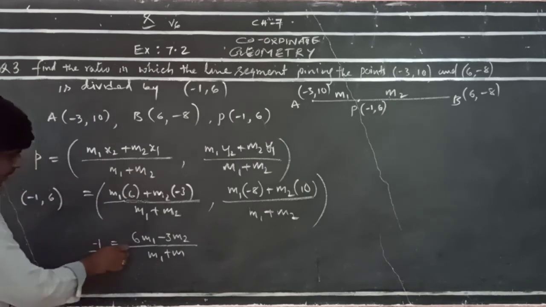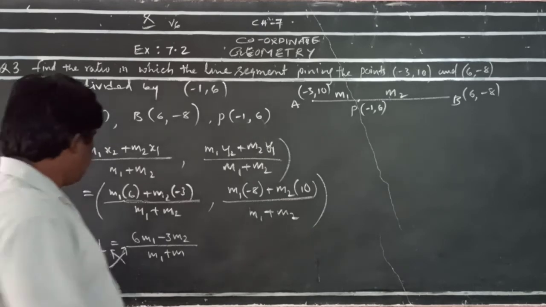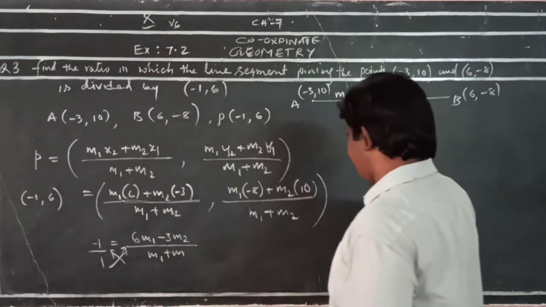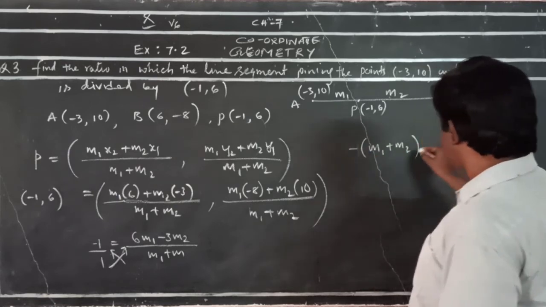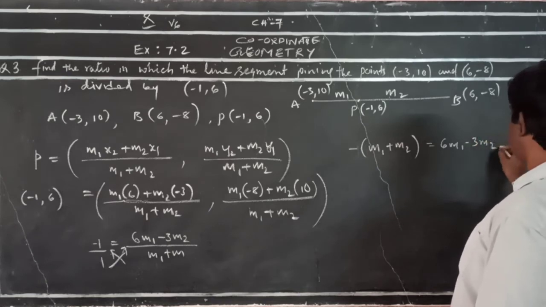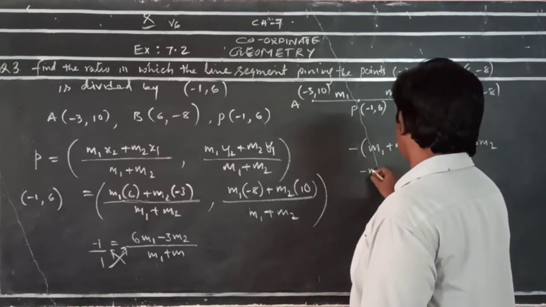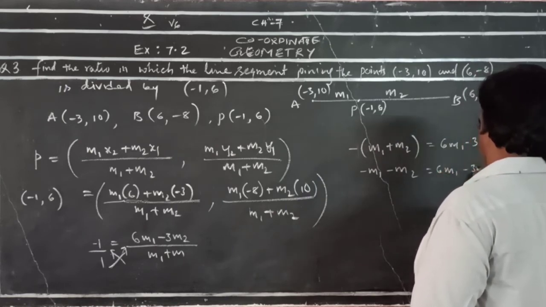After cross multiplication we will get -1 into (m1 + m2) is nothing but 6m1 minus 3m2. So this is -m1 - m2 = 6m1 - 3m2.